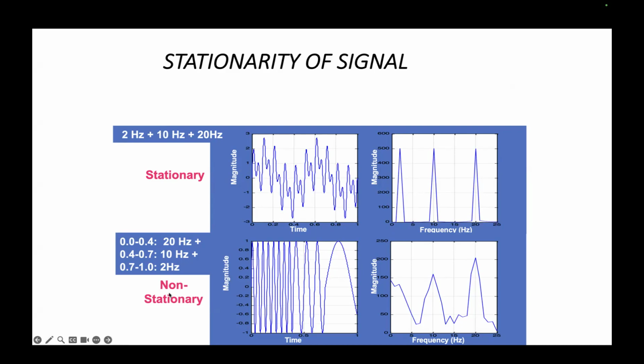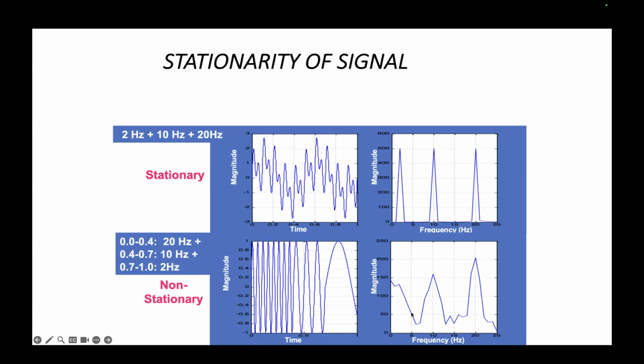In non-stationary signals, the frequency content changes over time. From time 0 to 0.4, we have 20 hertz in this signal. 0.4 to 0.7, there is 10 hertz. Then 0.7 to 1 second, we have 2 hertz. So the frequency content is changing.